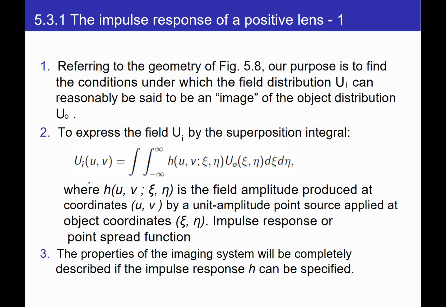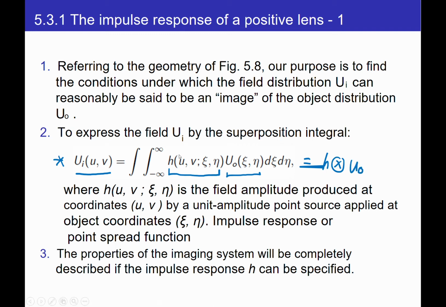So what we want to do is to have this relationship. The image field at the image coordinate u v is related to the object field at the object plane with the impulse response h, in terms of a convolution.